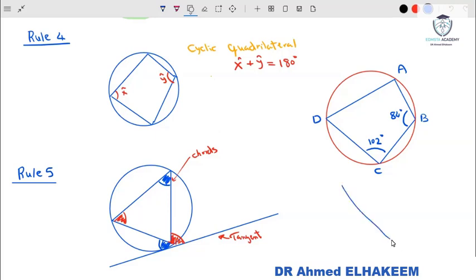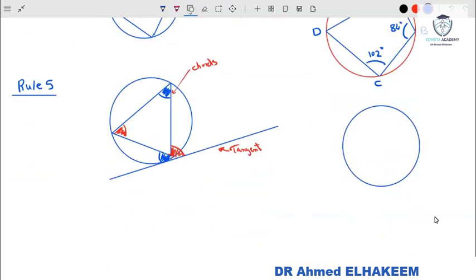So if I have here another example, point C, point A, and a connection between point C and point A is like that. Here is point A, a point B, and there is a chord like that.